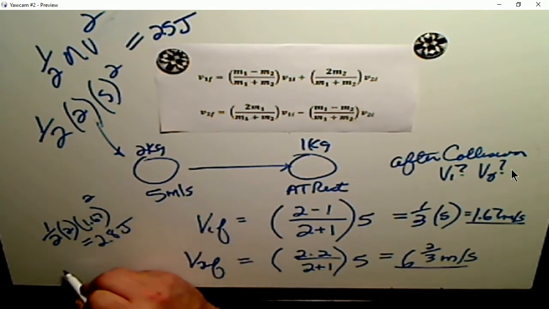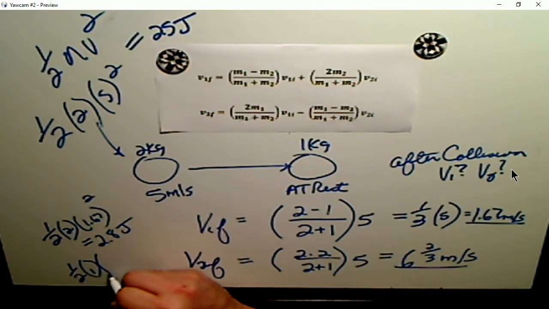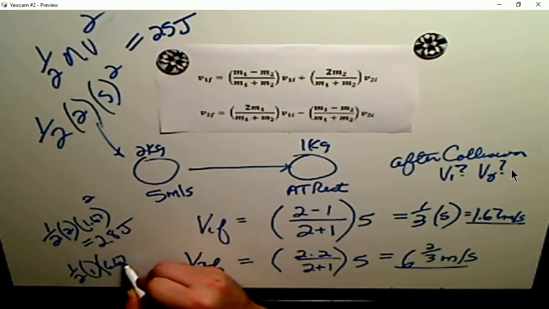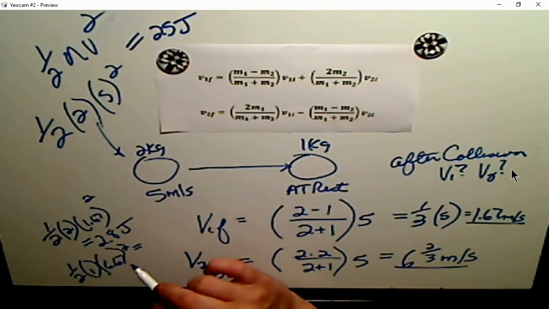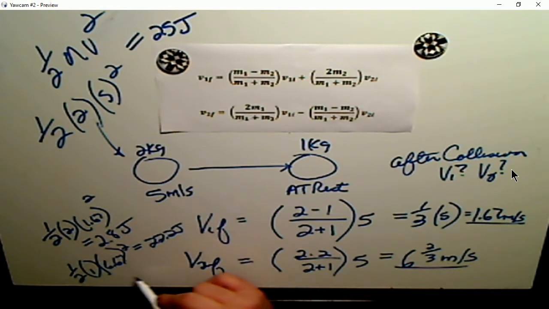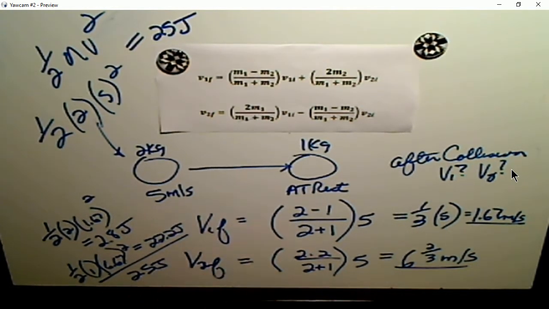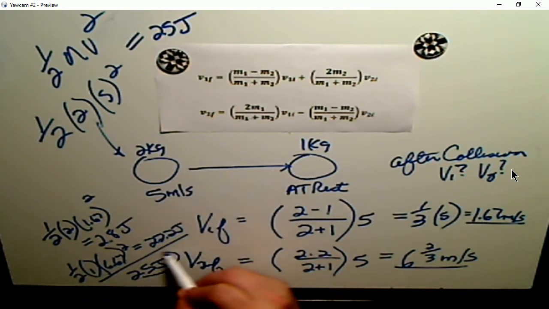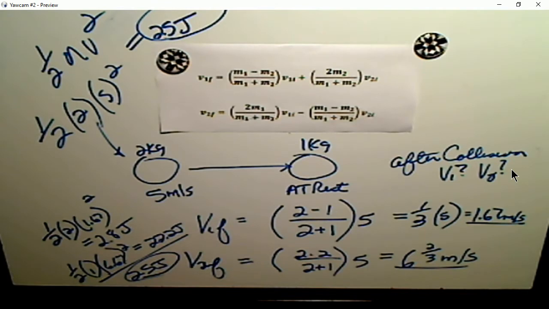And ball 2, 1/2 times 1 times 6.67 squared, which will give me about 22.2 joules. And looky there, adding them both together gives me 25 joules as well. Kinetic energy is conserved.